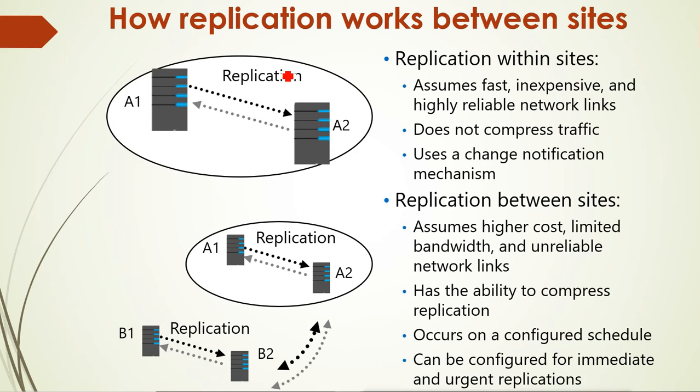Now, how does replication work between the sites? Replication within the site assumes fast, expensive and highly reliable network links and does not compress the traffic, and uses a change notification mechanism.